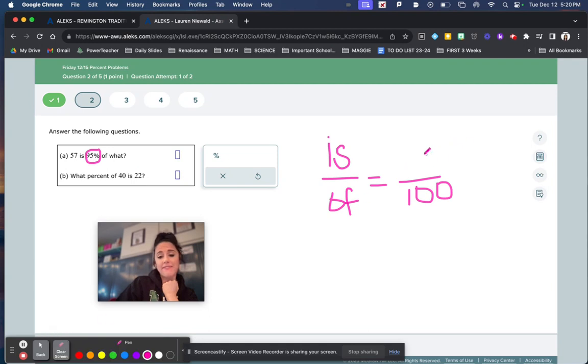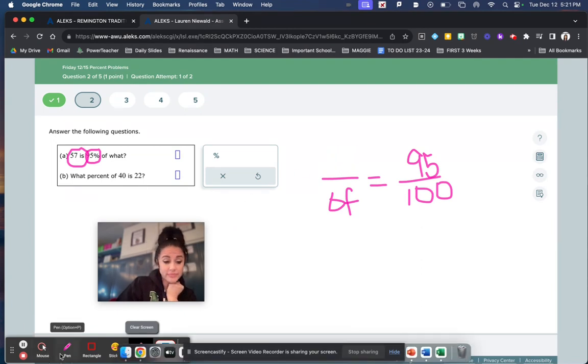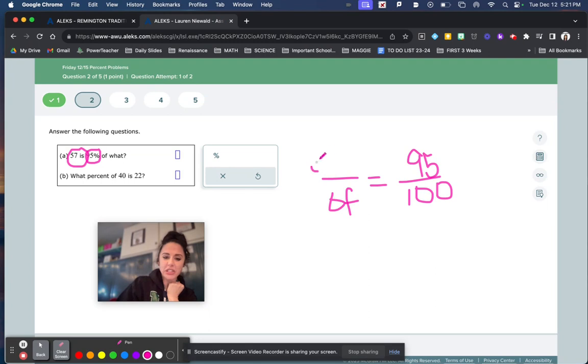And that's where my 95 is going to go. I'm filling in my formula right now with what I know. And then 57 is, so it's literally right next to the word. That means 57 is going to be my part. And the only thing that I have left over, oh Lord, it froze on me, is the of, right?